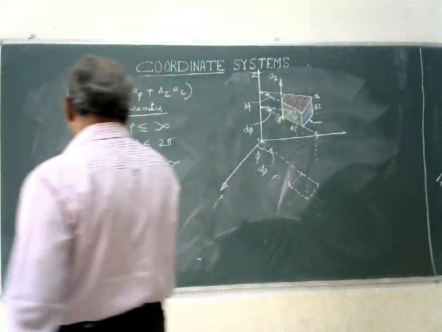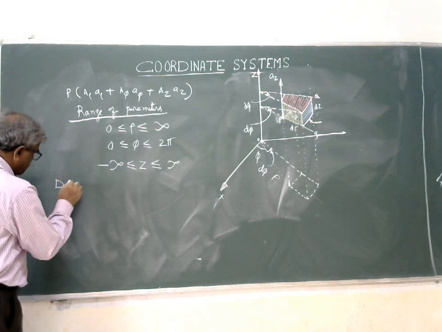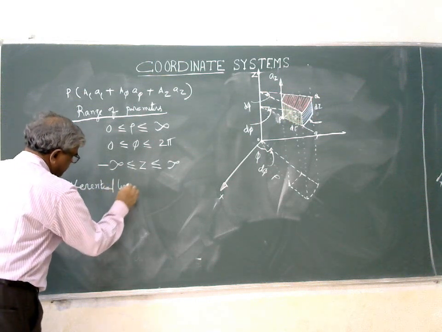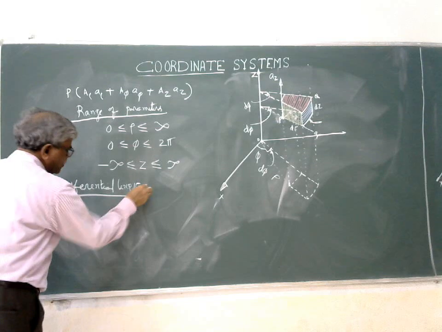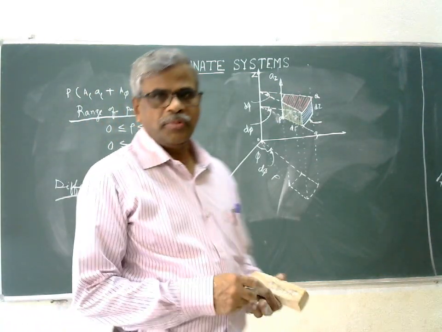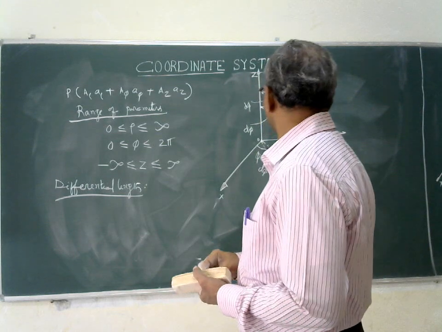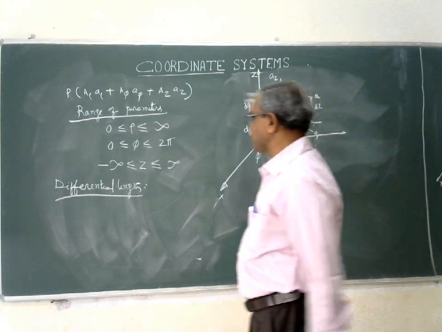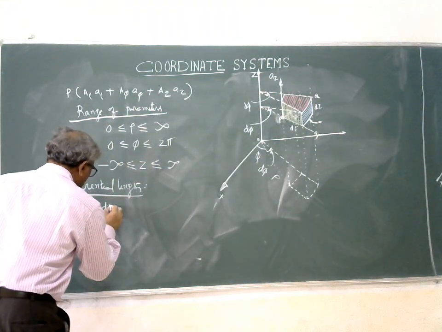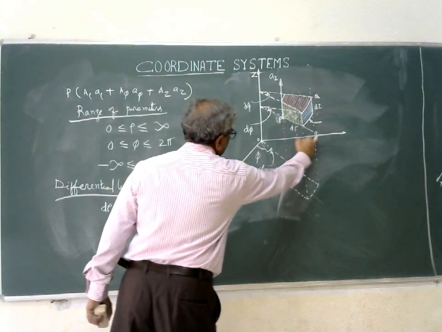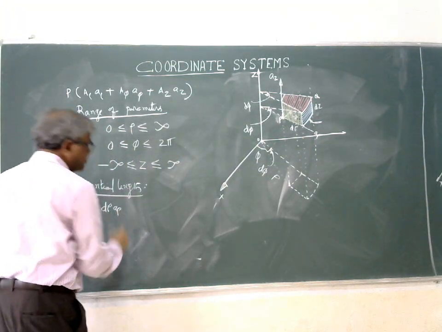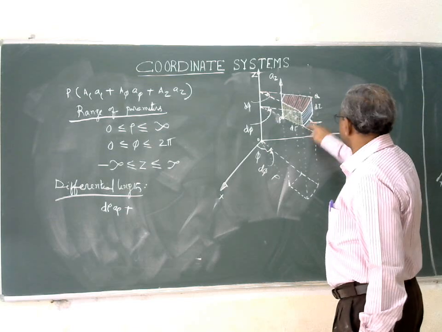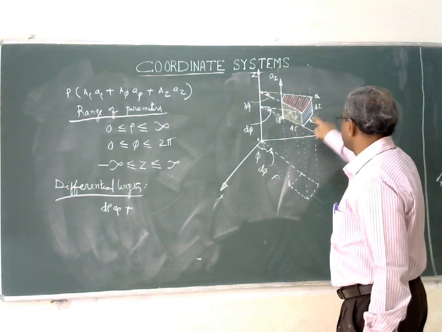Next we will see differential lengths. The differential length from P to Q. What is the distance from P to Q? This is d rho, and its unit vector is a rho, plus this one. What is the value of this one?